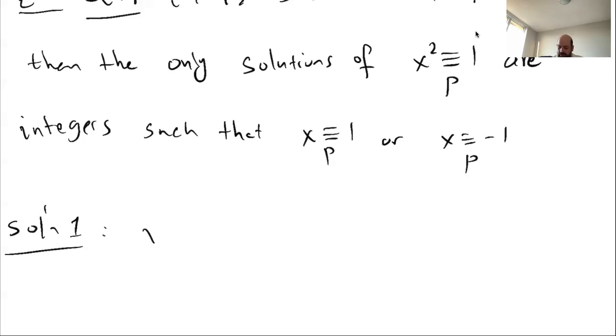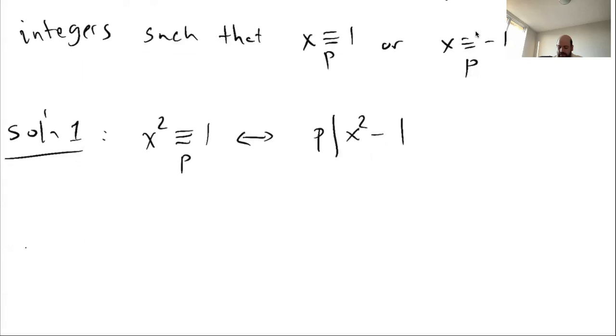So x squared congruent 1 mod P is the same as saying that P divides the difference between x squared and 1, which means P divides x squared minus 1. And this is the same as saying that P divides x minus 1 times x plus 1.